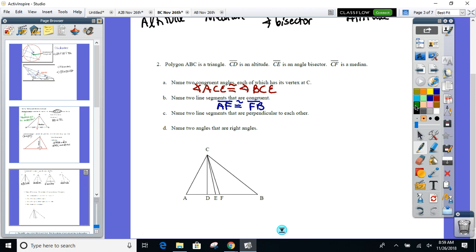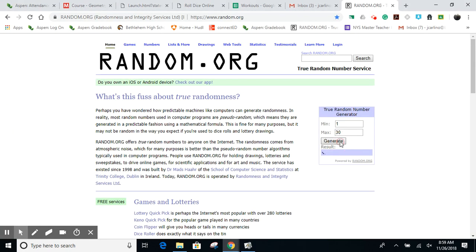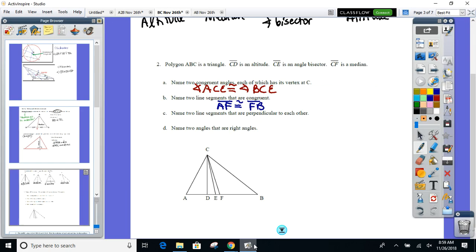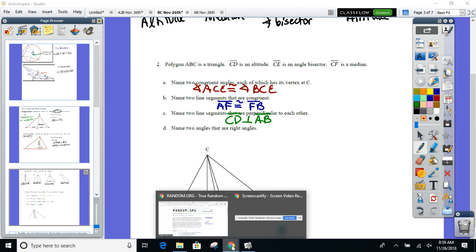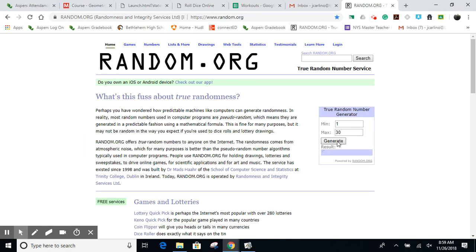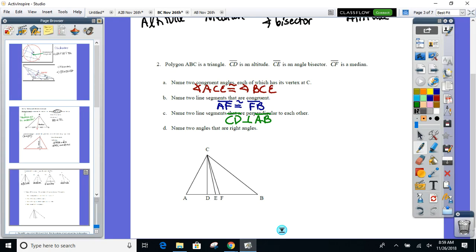All right, let's keep this train going. Name 2 line segments that are perpendicular to each other. Probably from the altitude. Got it. Nice job. And finally, name 2 angles that are right angles. You're basing that off of part C. Angle ADC.